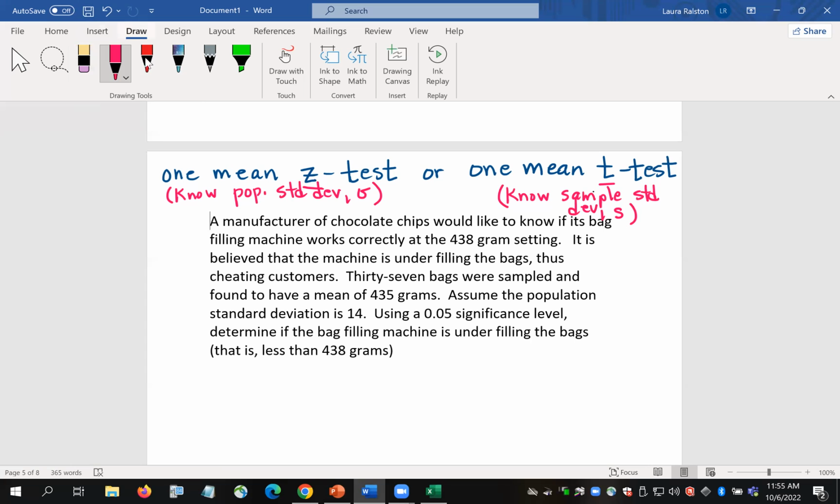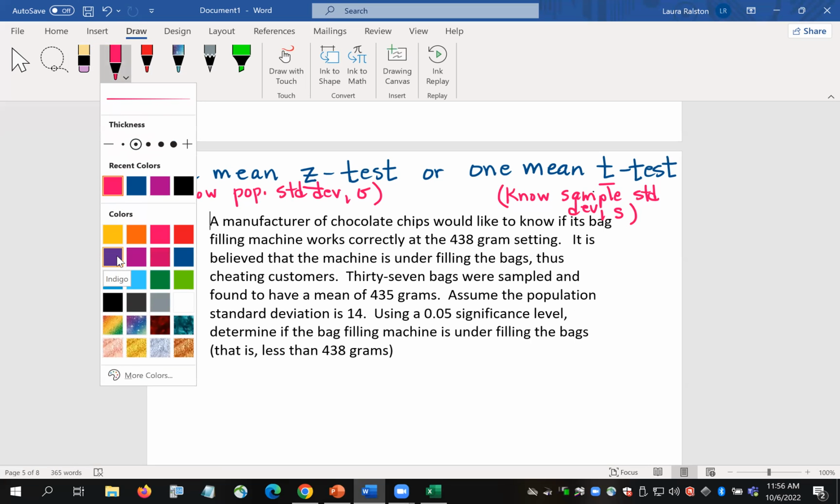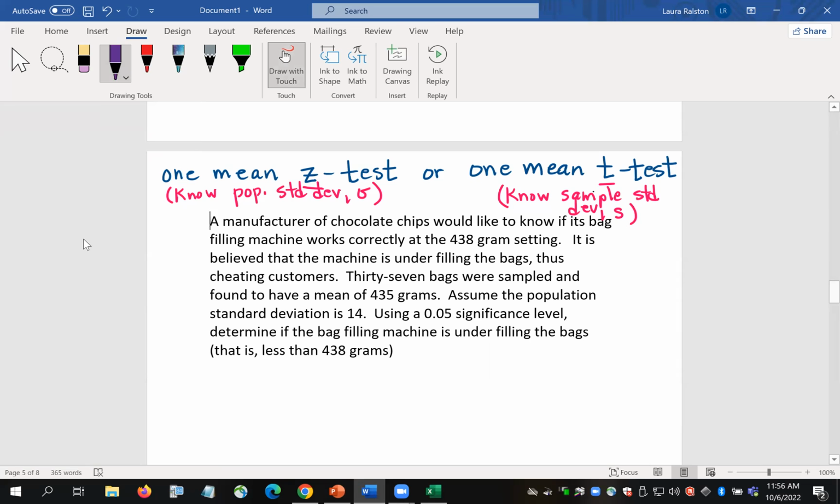And guys, this is an example, and I don't know that any of you are studying in this field, but this is sort of an example, if you will, in the real world of quality control. Because if they're advertising that the bag has 438 grams in it, or if Coca-Cola is advertising that there's 16 ounces in a bottle, or Pepsi is saying there's 16 ounces in a bottle, they need to ensure that they are putting 16 ounces in the bottle or 438 grams of chocolate chips in the bag.